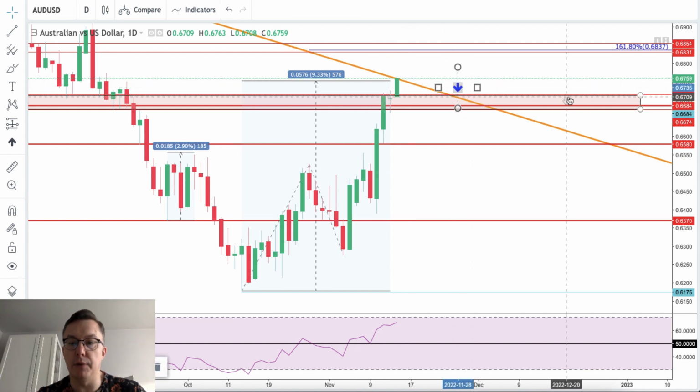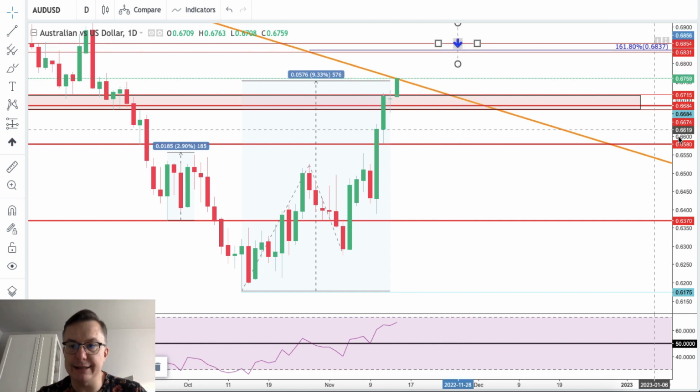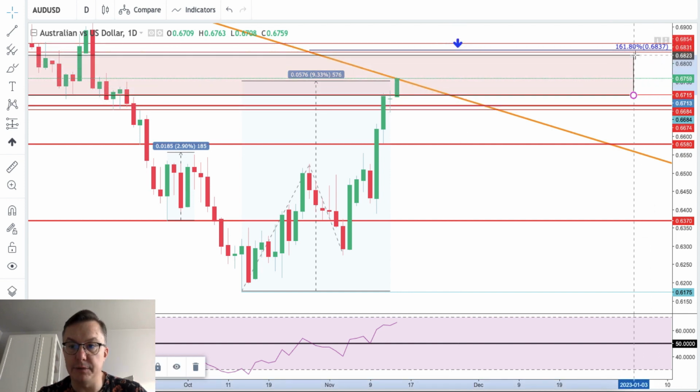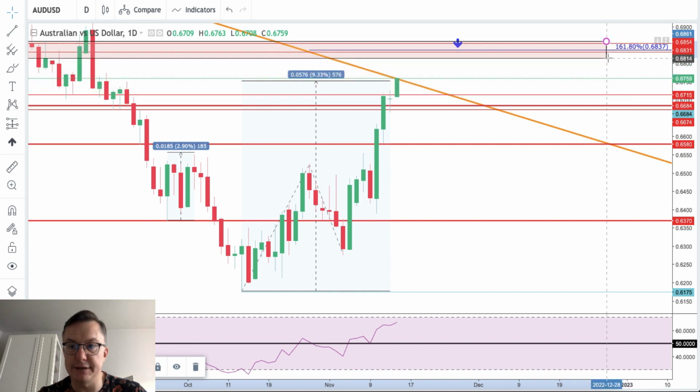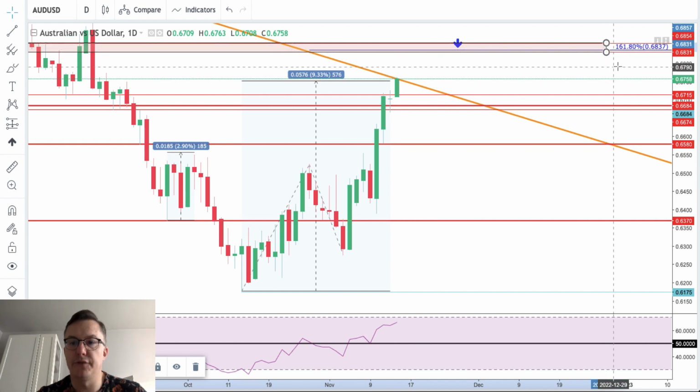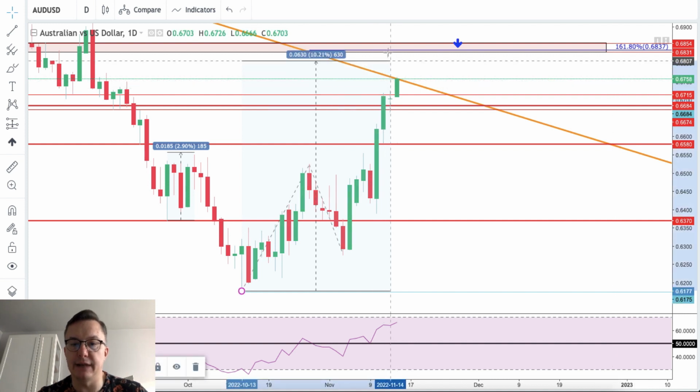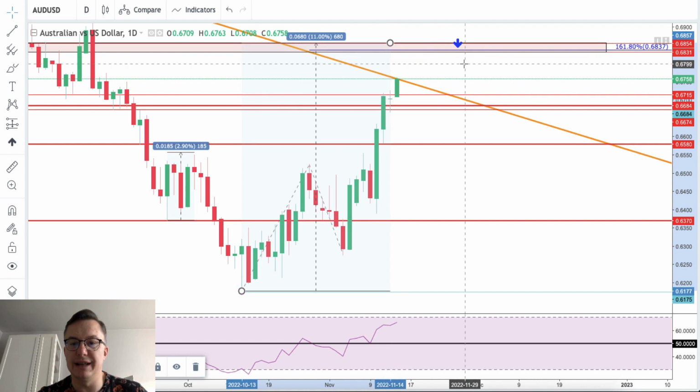However, we broke above the supply zone already, 6,684, 6,715, and we are heading towards the next zone, which is located between 6,854 and 6,831. So this is the next supply zone, and just in between these two levels is the 161% Fibonacci projection.